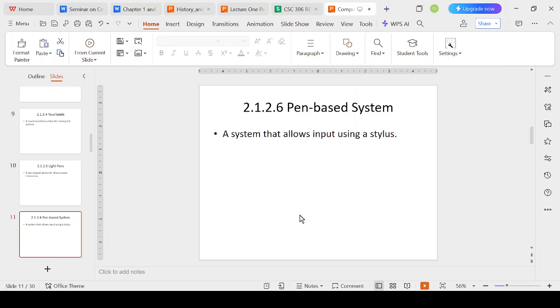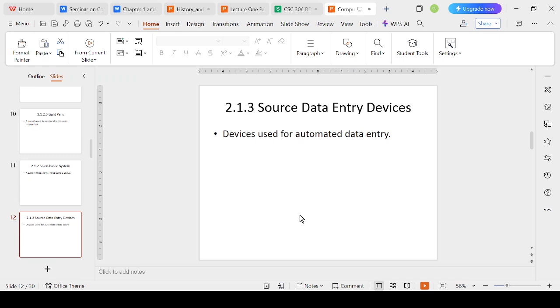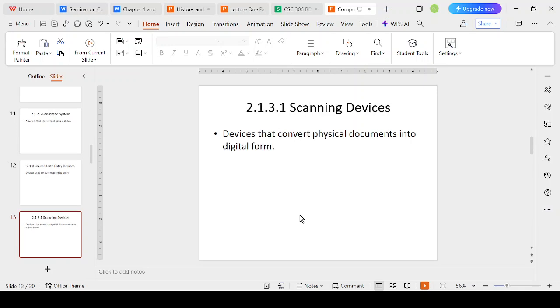Pen-based system, a system that allows input using a stylus. Source data entry devices are used for automated data entry. We have the scanning devices that can convert physical documents into digital form.